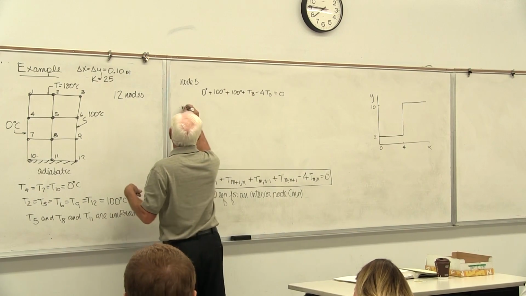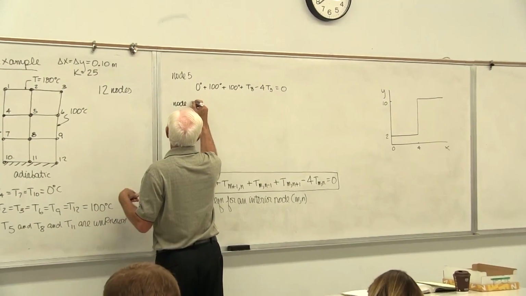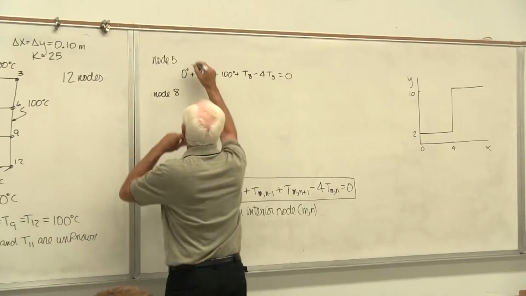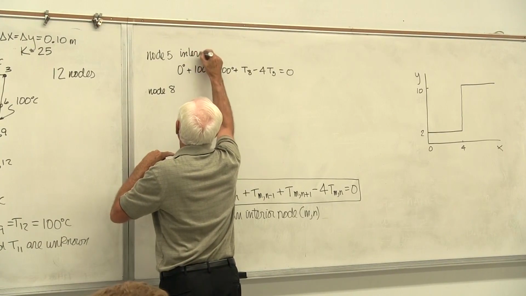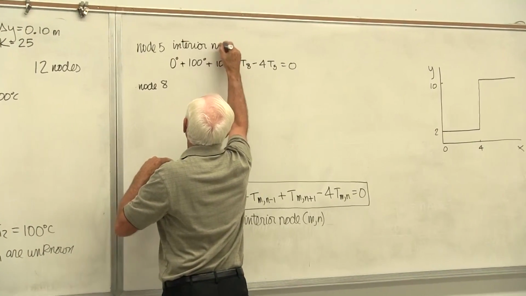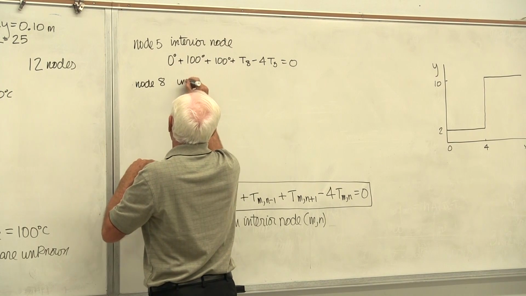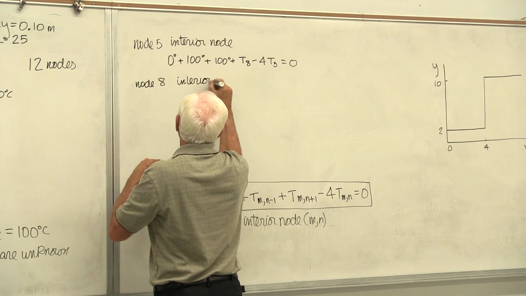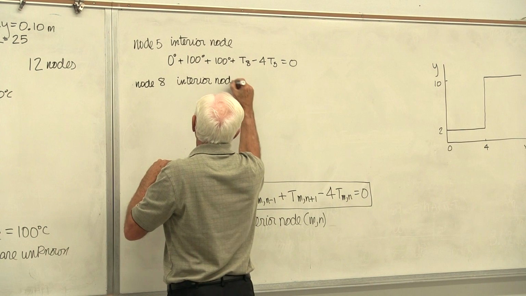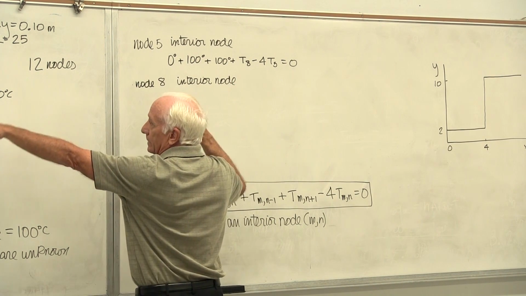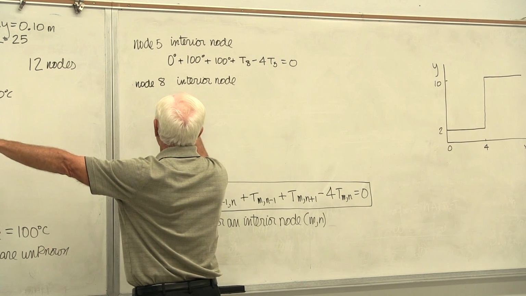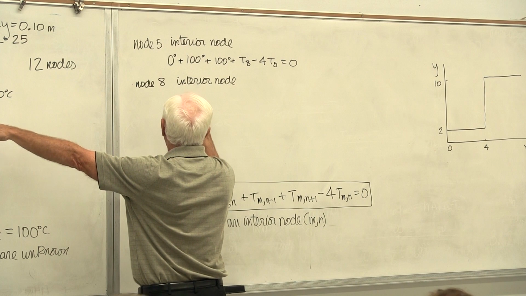Take node 8 equation, interior node. Okay, start left hand, T7, 0 degrees. T5, unknown.